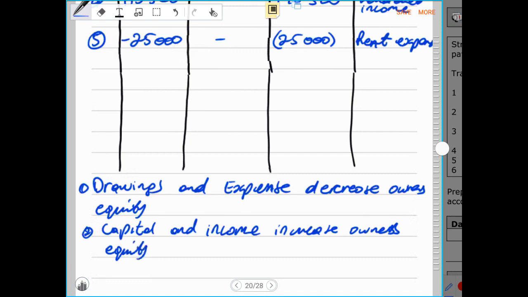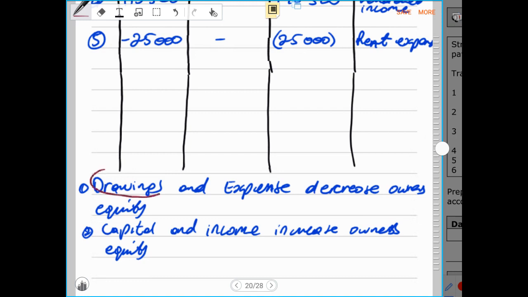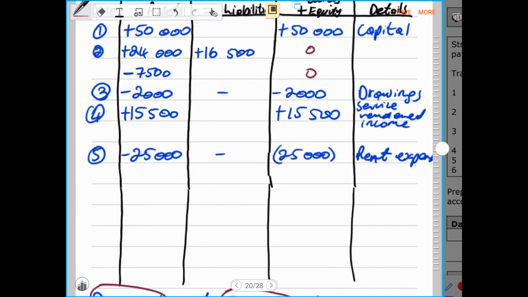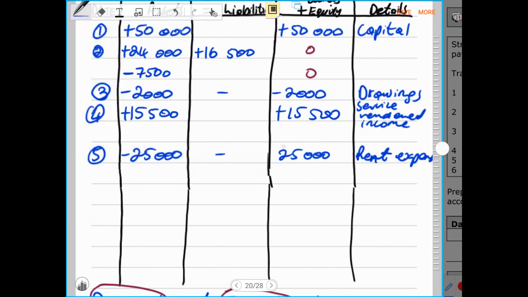So now you must know that whenever there are drawings and whenever there are expenses, the amount of the drawings and the amount of the expense must be recorded as negative under the owner's equity. Under owner's equity, I just wrote it as a negative, which is 25,000.